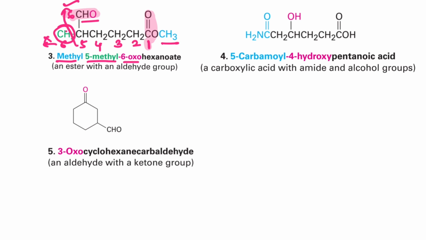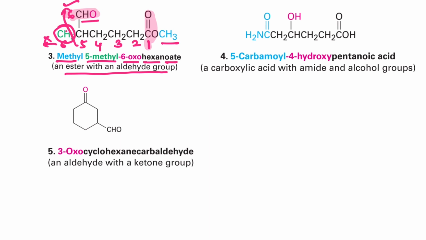Total 6 carbons are there, hexane, so it is the parent carbon chain. Oate is the suffix name. So 5-methyl 6-oxohexanoate. This is an ester with an aldehyde group.